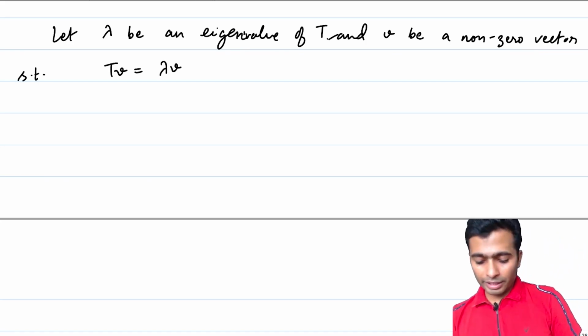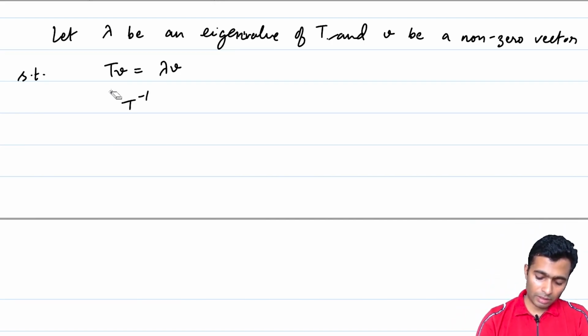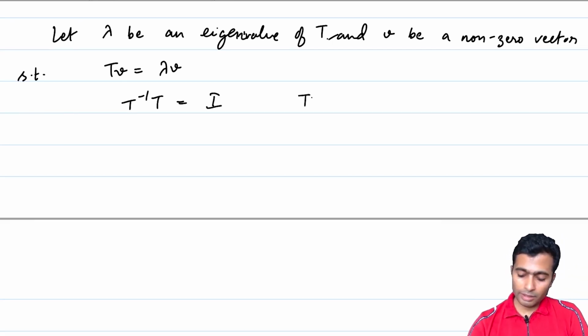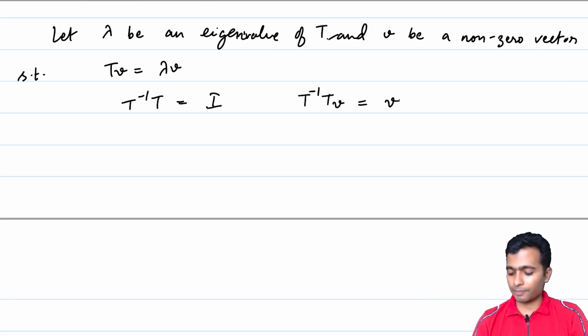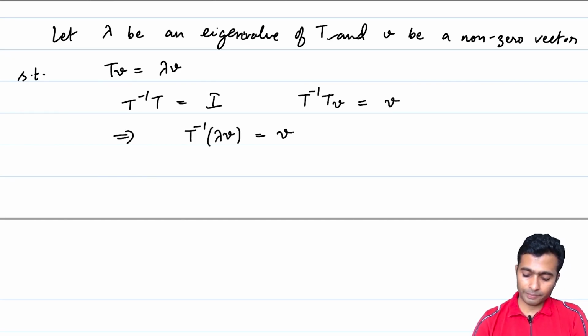So what do we know about T inverse? T inverse is the inverse of T, right? So T inverse T is the identity map, and T inverse T v, the same eigenvector that we just took, is Iv, which is equal to v. But we know what Tv is. Tv is lambda v, right? That means T inverse of lambda v is equal to v.